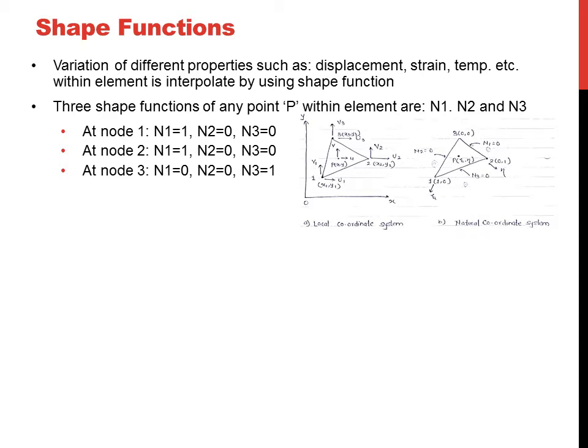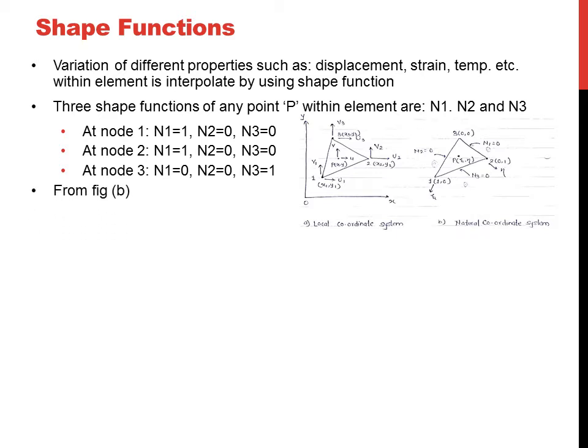While at node 2, n1 is equal to 0, n2 is equal to 1 and n3 is equal to 0, and at node 3, n1 is equal to 0, n2 is equal to 0 and n3 is equal to 1. From this we can say that the value of the shape function for the respective node is 1.